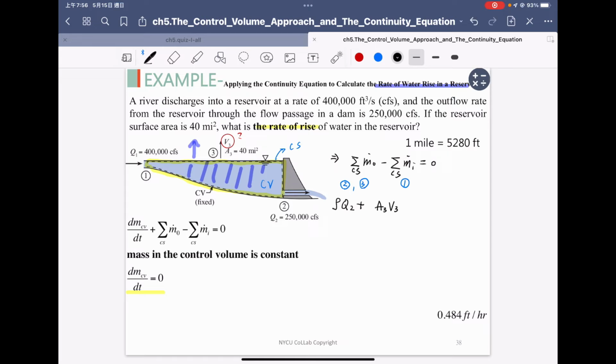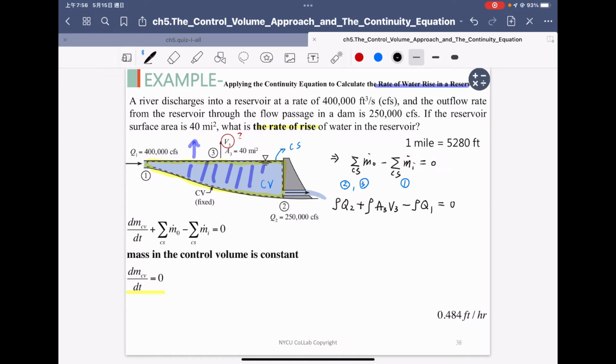This is also equal to the discharge, and we need to multiply by the density to convert to the mass flow rate. And for the inflow, we need the minus at cross section 1, and we still only know the discharge Q1, and then that will equal 0.